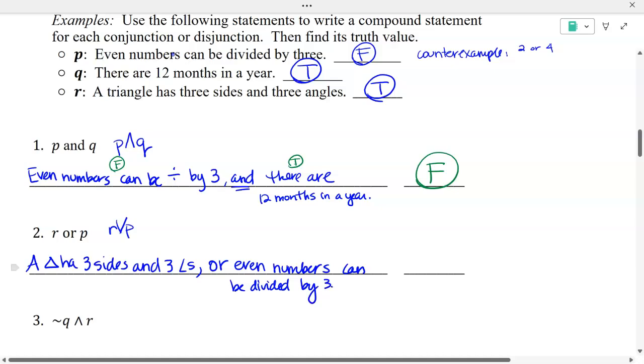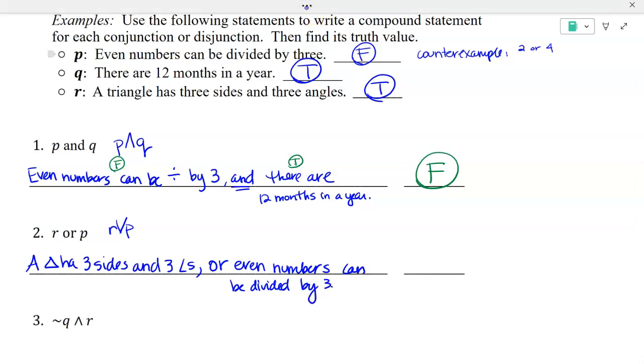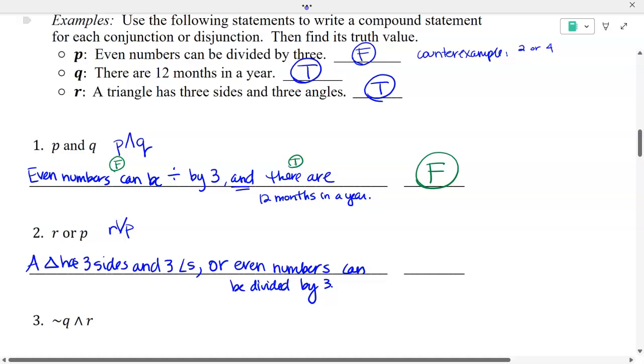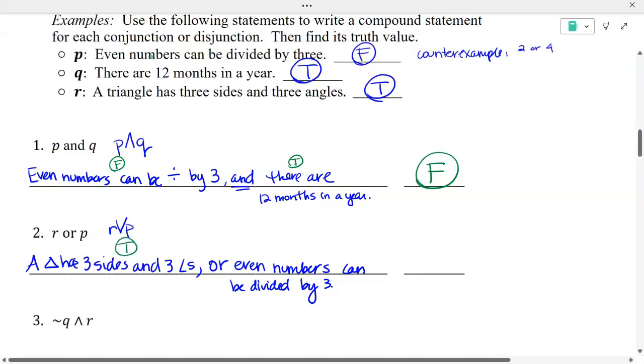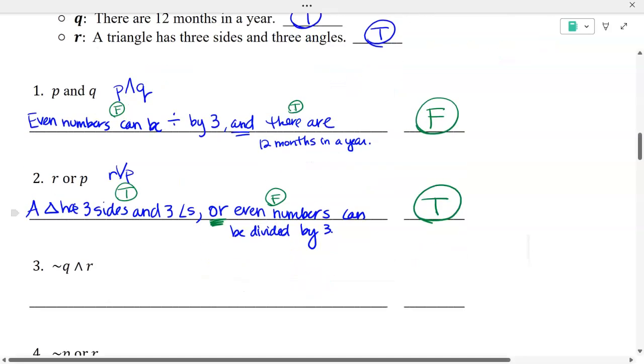So we had already said that a triangle has 3 sides, that statement is true. And we had said even numbers can be divided by 3 is false. Now this is a disjunction. So here, because just one of these is true, or at least one, then the overall statement is going to be true.